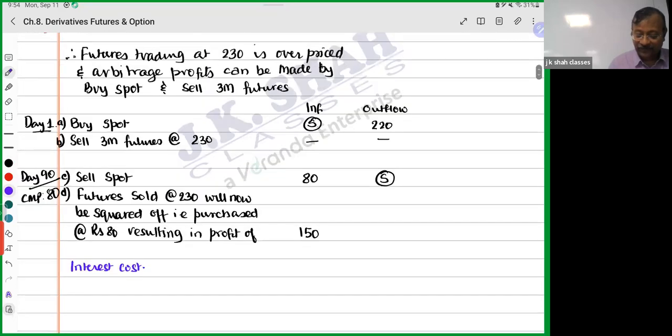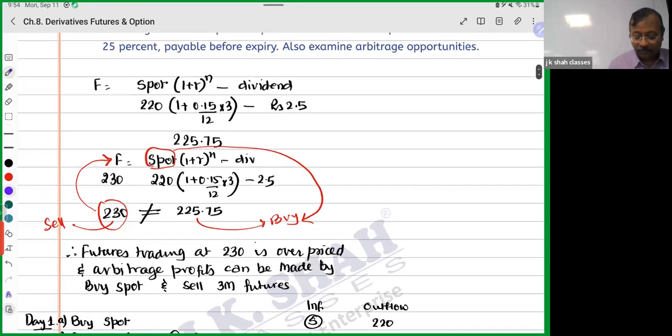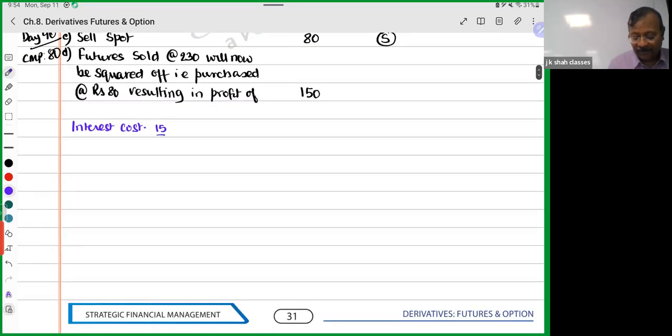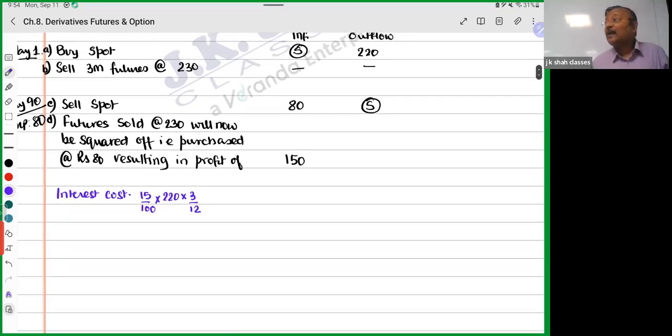What is the rate of interest? 15 by 100 of 220 for 3 months. Huh? 8.25, outflow.